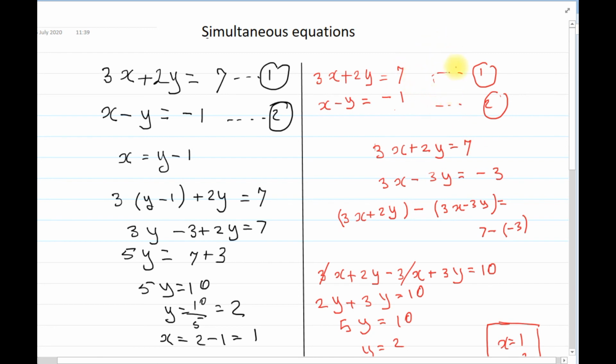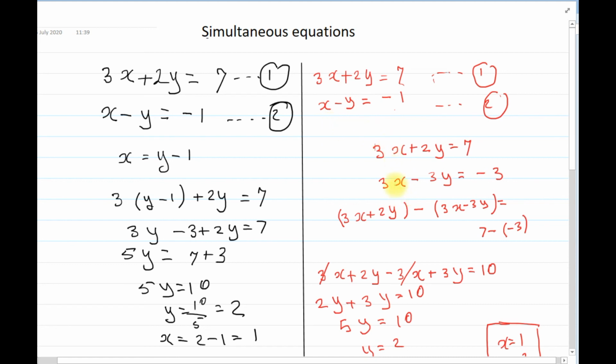We could have easily chosen the coefficient for y. In the first equation, I have 3x plus 2y. In the second equation, I have x minus y. If I can make this x as 3x, then I can take away from the 3x in the top equation and eliminate them.